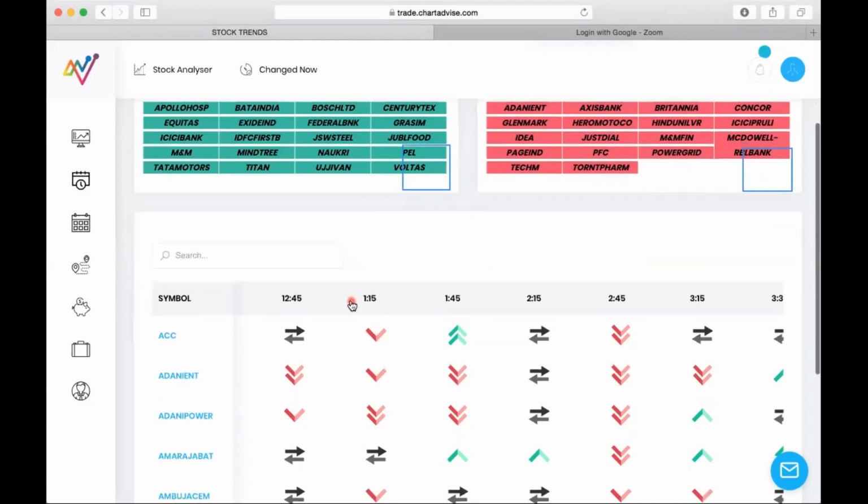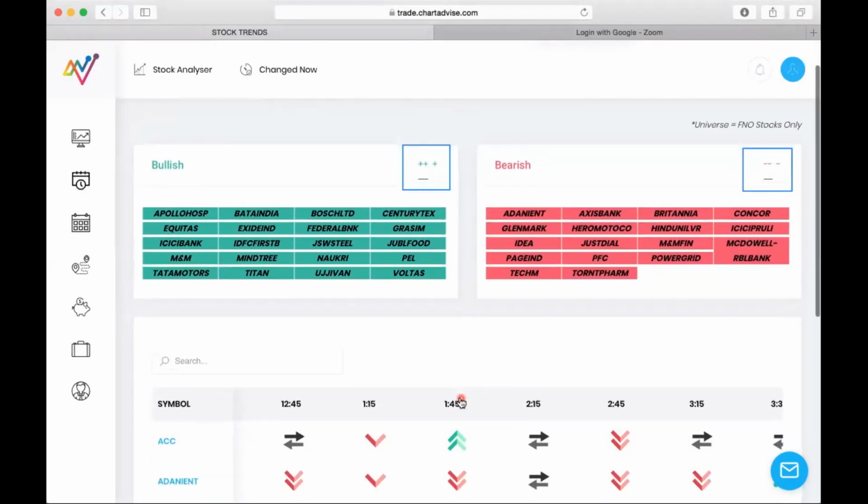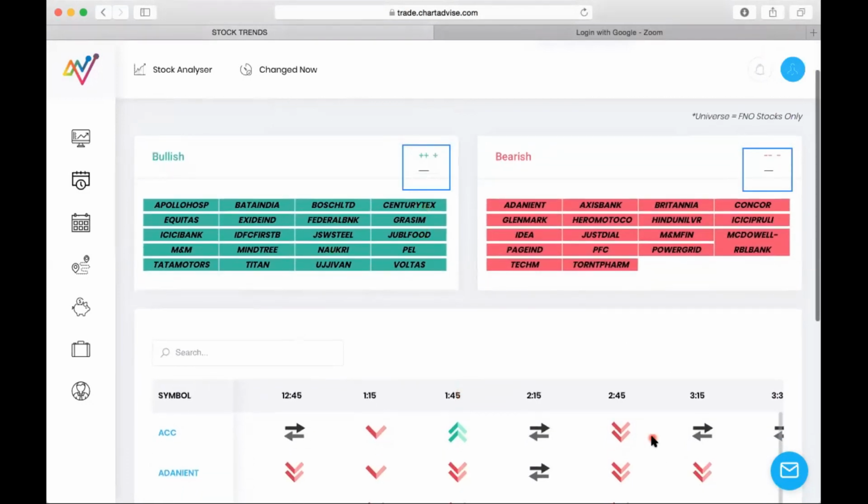Basically, all the stocks that have double green arrows during this point in time appear here. All the stocks that are showing double red arrows during this point of time appear here.